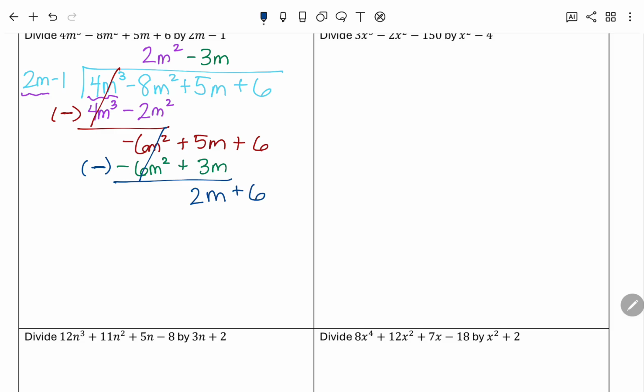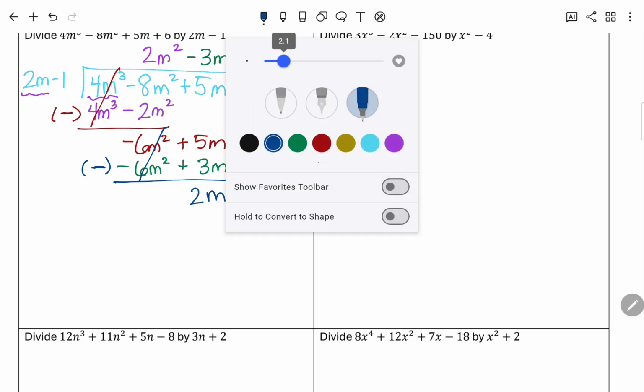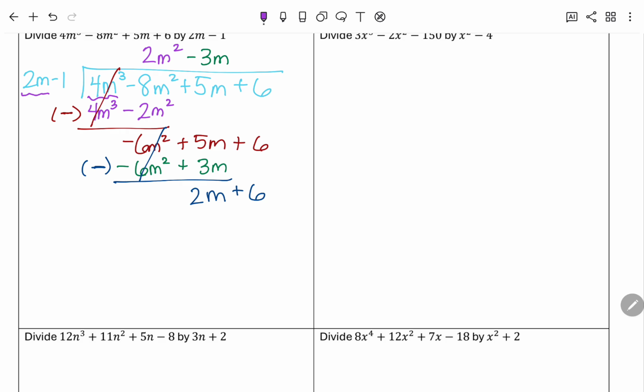Okay, let's do the process again. So let's see. We'll go back to this purple color. I have 2m. What do I need to multiply it by to have 2m? Just a positive 1. Notice how everything's lining up, right? 1 is a constant, and it's in the column of my constants.